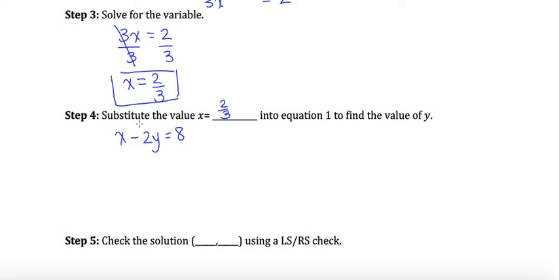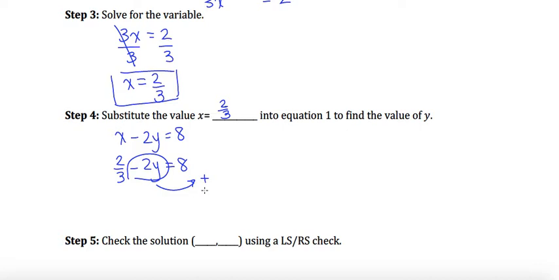This question will force us to think about all of those adding, subtracting and multiplying fraction rules that you may have hopefully not forgotten, but it is a good chance that you may have, so we'll review some of those as well. So I have 2 over 3, take away 2y, is equal to 8. I want my y value to be a positive y, so I'm going to start by moving my y over so that it becomes a positive value.